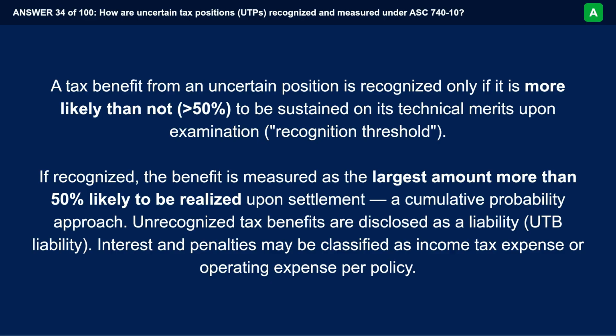If recognized, the benefit is measured as the largest amount, more than 50%, likely to be realized upon settlement, a cumulative probability approach. Unrecognized tax benefits are disclosed as a liability, the UTB liability. Interest and penalties may be classified as income tax expense or operating expense per policy.